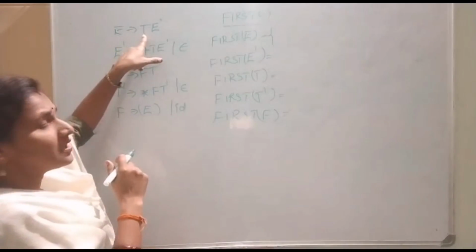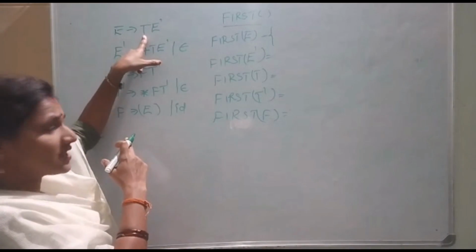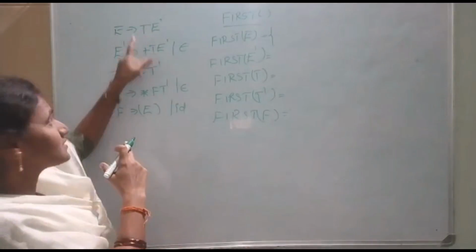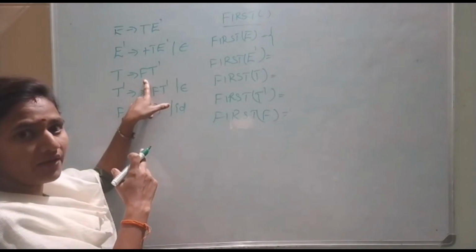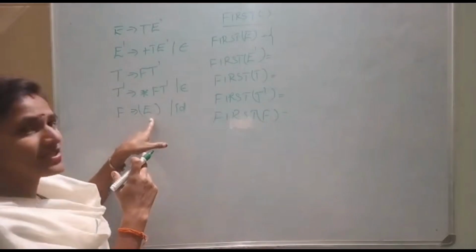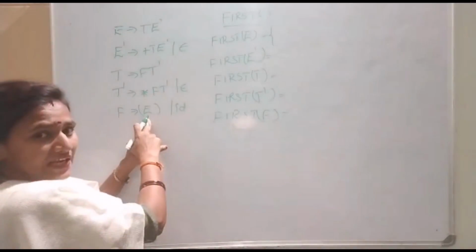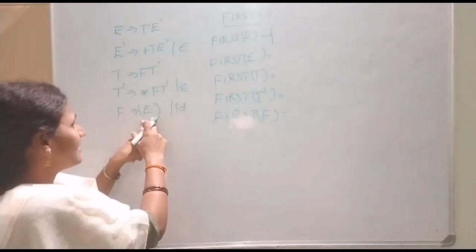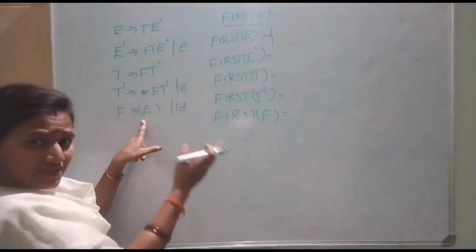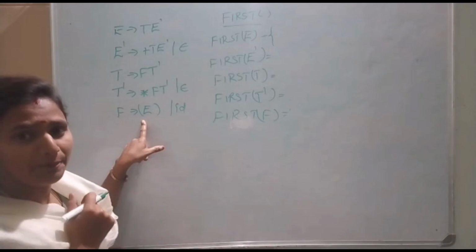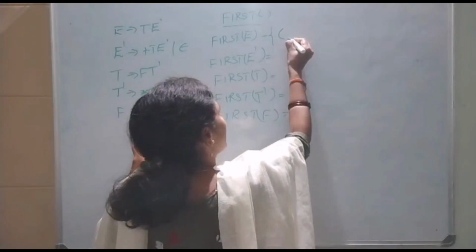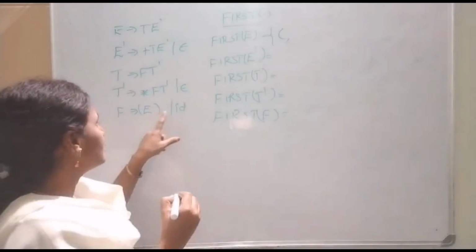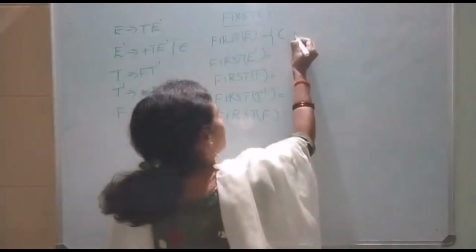Here we have a non-terminal T, so I replace this by the T production, F T dash. Here F is a non-terminal, so F is replaced with either (E) or id. Here we consider parenthesis also as terminals. So first of E is left parenthesis, and id is also a terminal.